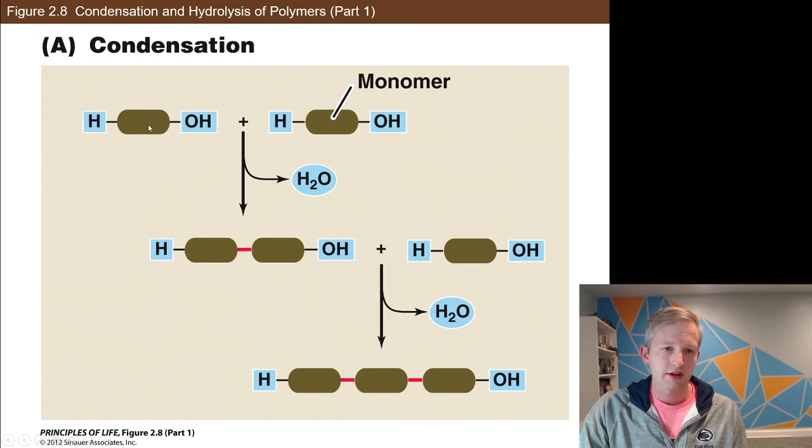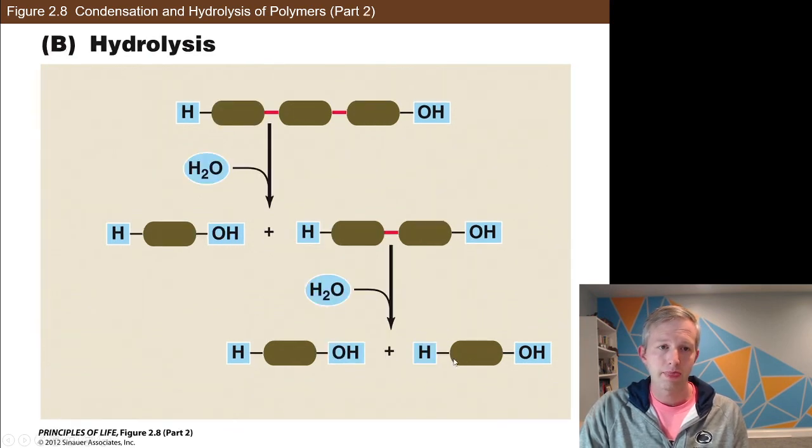Dehydration synthesis or condensation is the combination of two monomers, so they are synthesizing a new molecule by dehydrating them. That is to say, we remove a water molecule, so an OH and an H actually comes out of this, and we combine these two monomers into a dimer here. We add another monomer and we get this little trimer. I don't think anybody actually says trimer, we just start calling it a polymer at that point.